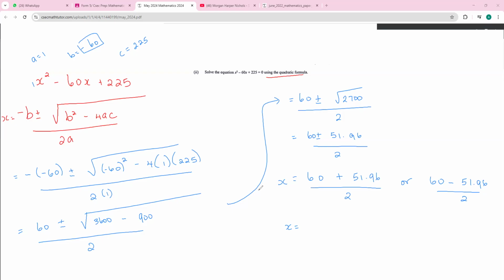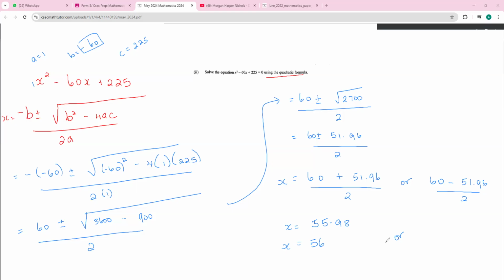I got here 55.98, and I could round it off to 56, or 60 minus 51.96.